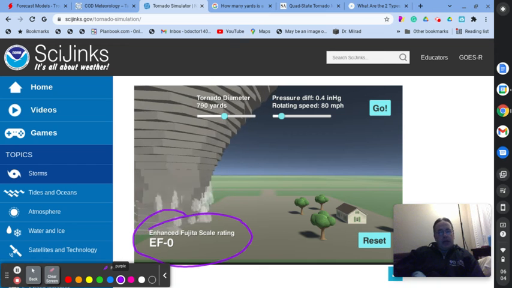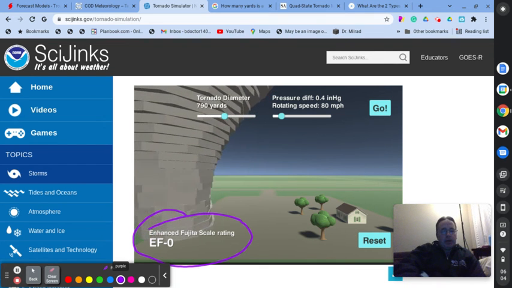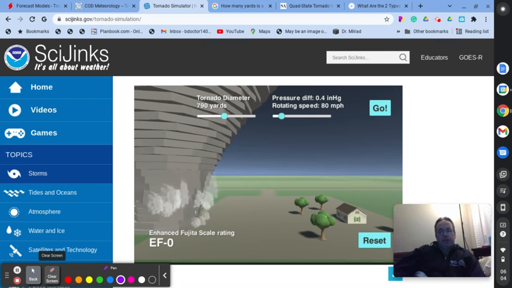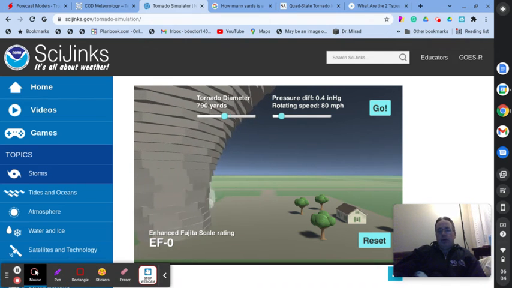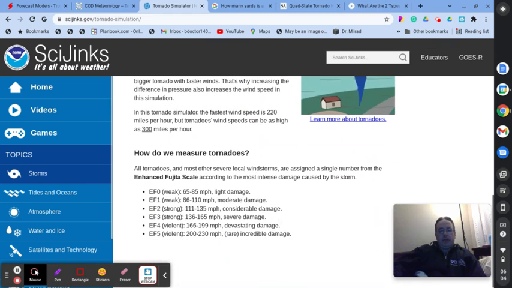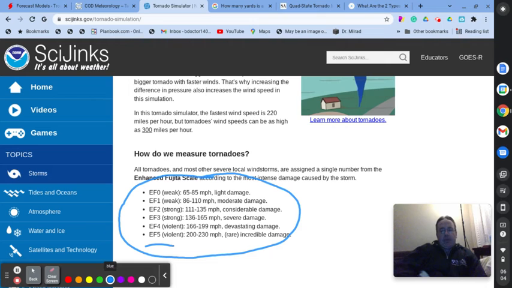Down here is the Enhanced Fujita scale rating, which is how they measure the strength of tornadoes. You can go from an EF0 to an EF5.